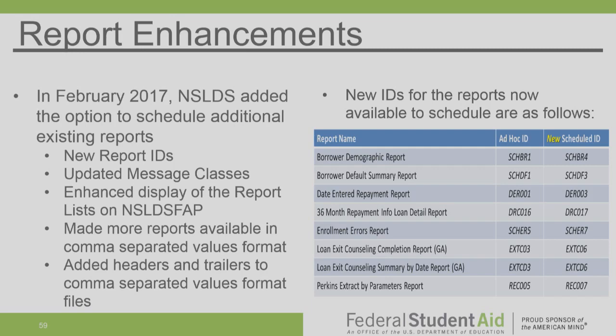We had also blurred some of our report IDs, so you couldn't necessarily tell based on the header and the file you received whether you requested this specifically or whether it came through because you had scheduled it. So as we were taking the opportunity to add more, we wanted to clean up that historical information a bit. Specifically, and you can see in the ad hoc ID column versus the scheduled ID column, we did create distinct report IDs for any scheduled report.